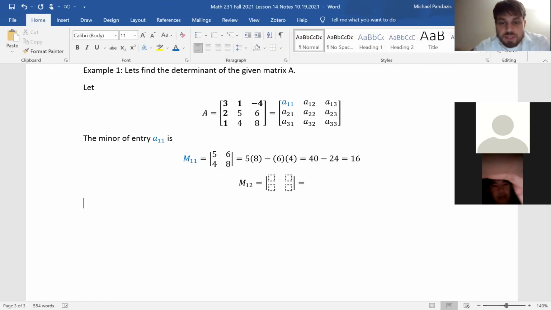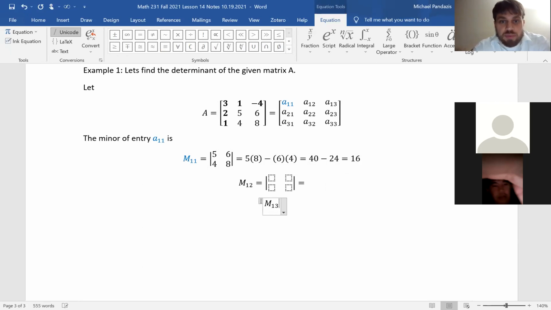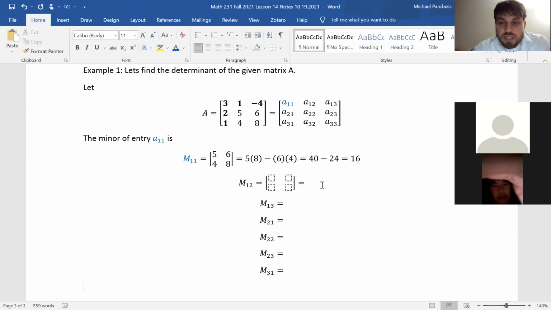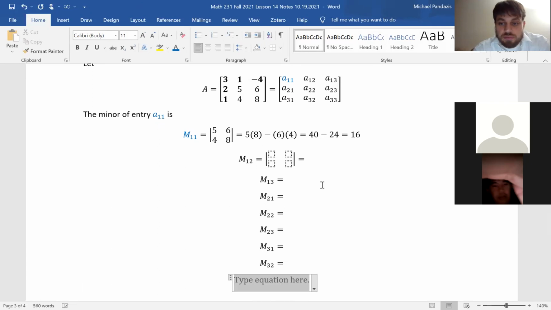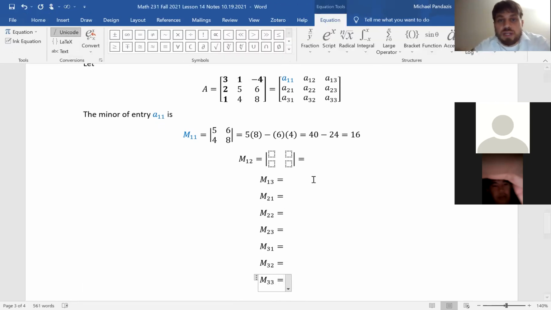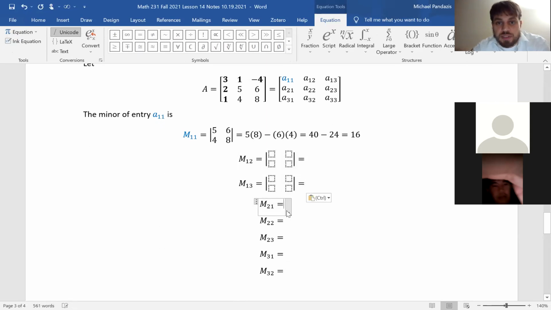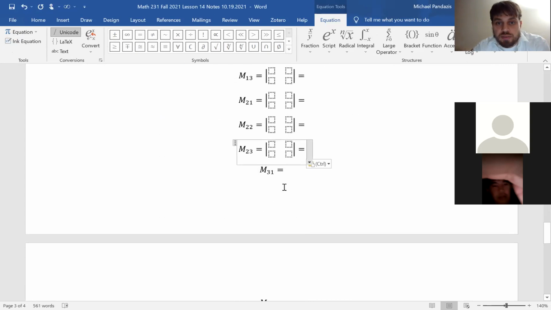So you have M sub 12, M sub 13, M sub 21, M sub 22, M sub 23, M sub 31, M sub 32, M sub 33. So you have the minors of each entry, and they're equal to the determinants. You have a determinant here, a determinant here, and so on.